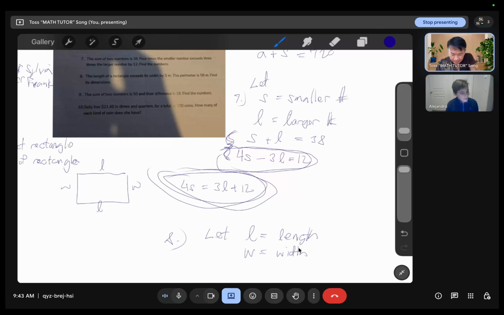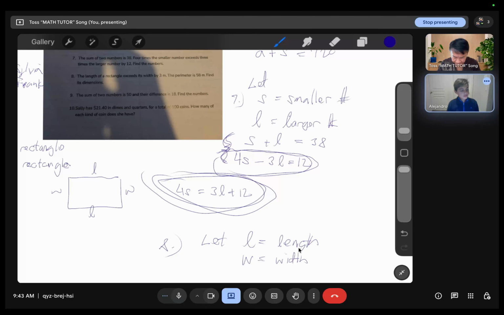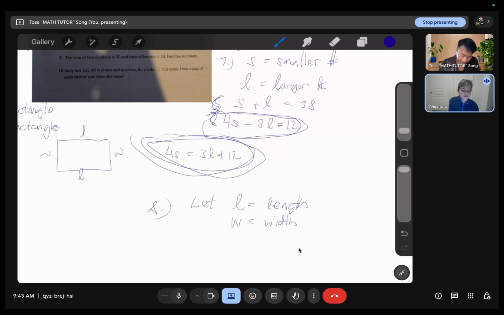Let's set up the equation. The length of a rectangle exceeds its width by 3. How would you write that? Would it be L minus W equals 3? Yes, I would do that.